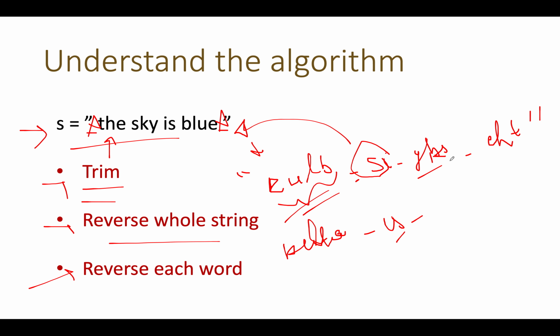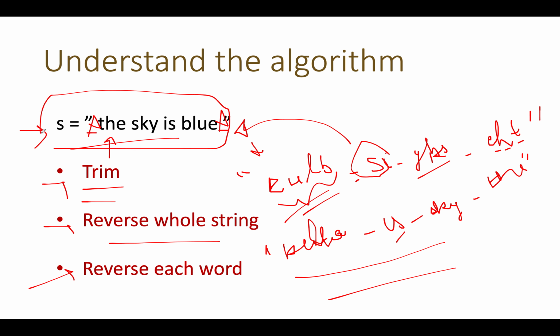Then we have a space, then this gets reversed, which is "sky", so sky gets formed. Then we have "THE", and this is what our intended answer is. I hope you understood this algorithm. This is also pretty simple and straightforward. We are just reusing the space that was allocated to the input string to finally build our solution.